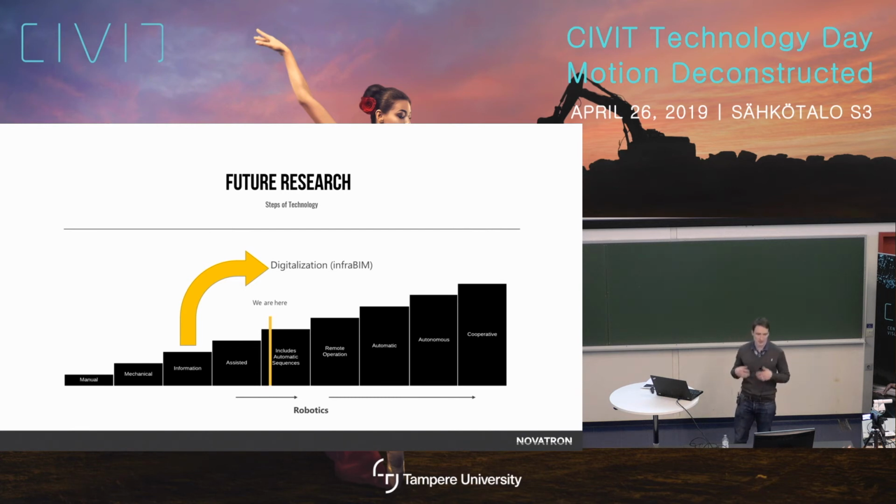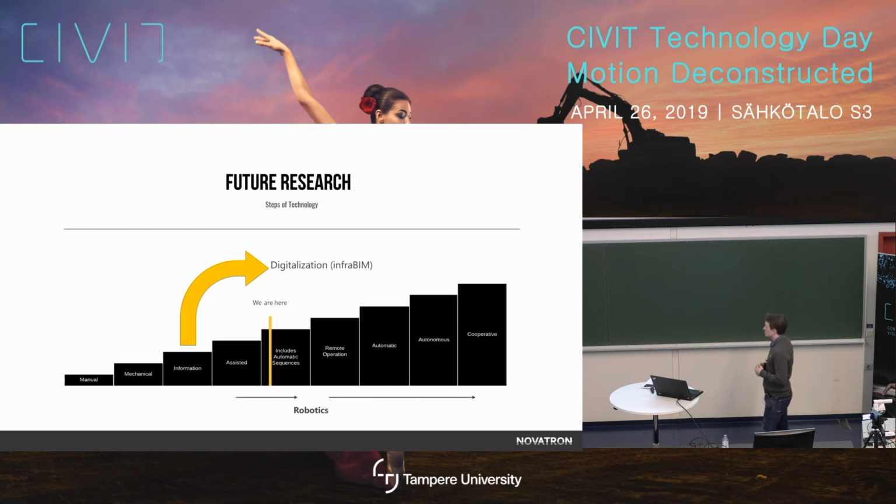That gives us tools for assisted features for the excavator operator. From there, we can go on to automatic sequences, which is where we are currently. We can do automatic sequences such as grading or something like that.